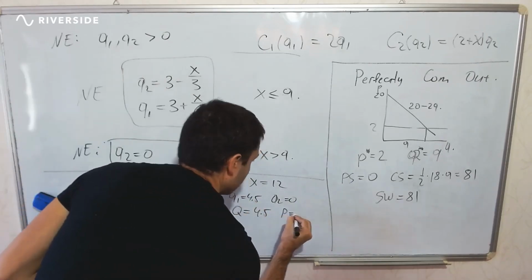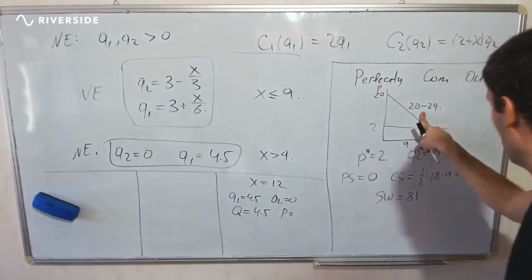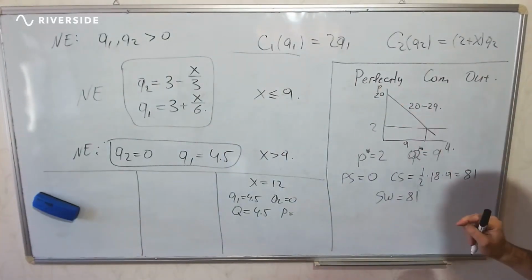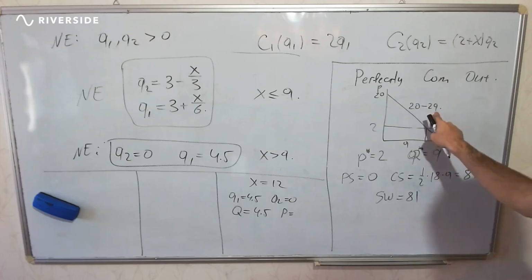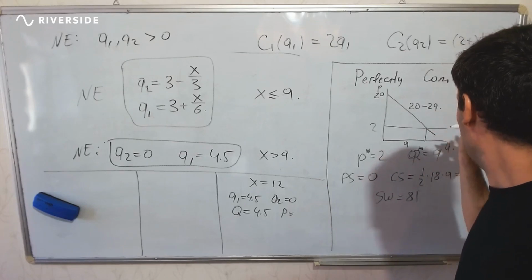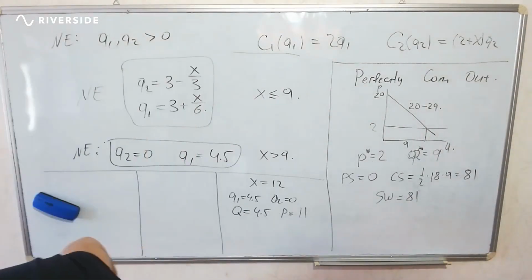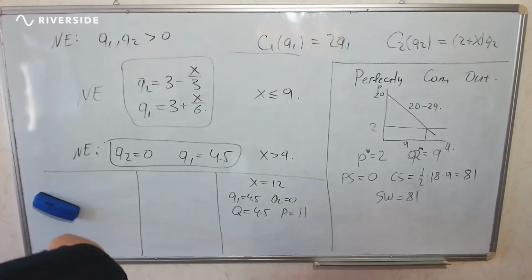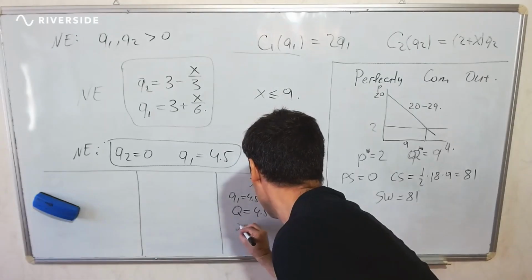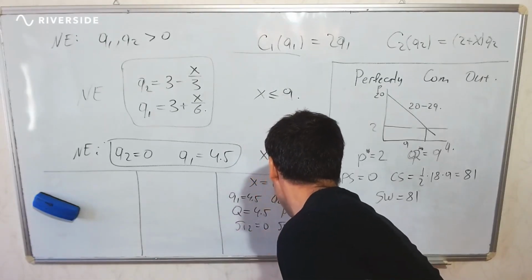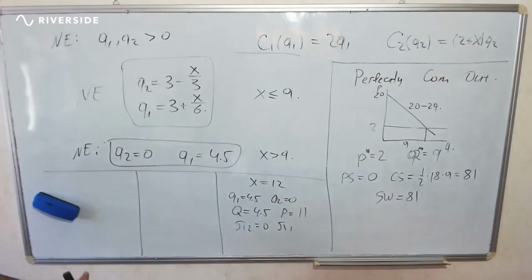The price is 20 minus 2Q, so 20 minus 9, which is 11. You can calculate the rest, such as profit and the welfare loss relative to that.